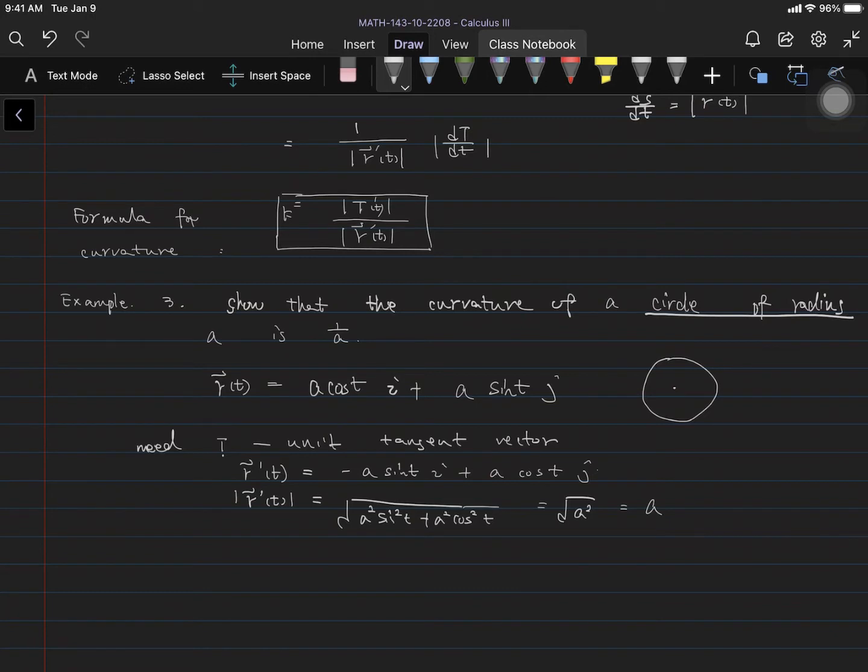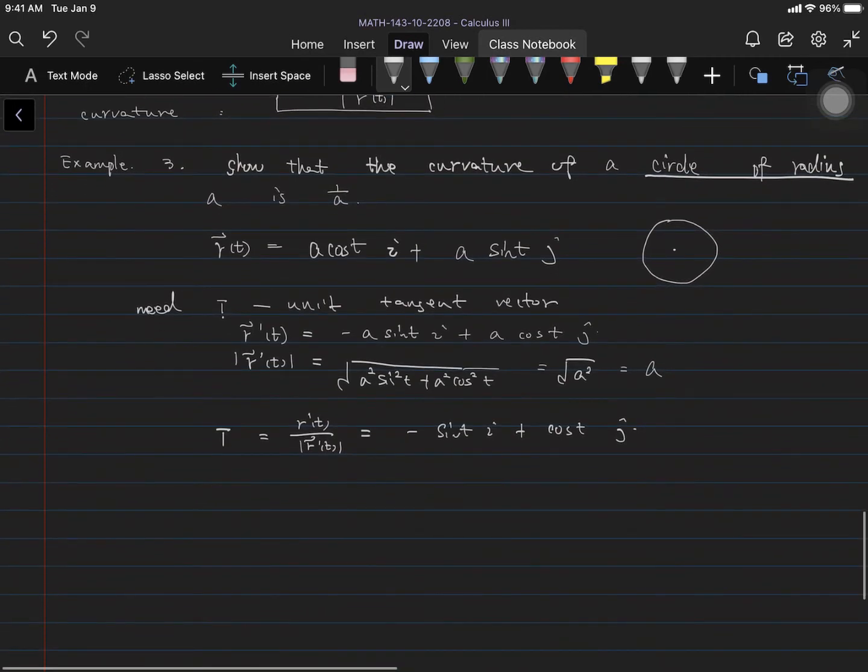Is that correct? So let's see what our T is. T equals r prime of t divided by the length of itself. Divide by a, so just negative sine t i plus cosine t j.